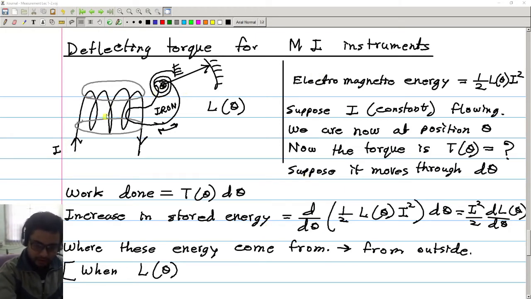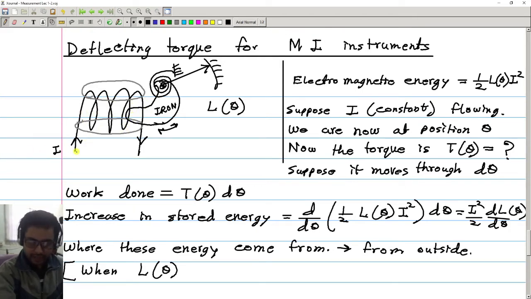We have a coil that carries the current which we want to measure. Then there is a piece of iron that can move closer or away from this coil, and when that happens, the inductance of this coil increases or decreases respectively.